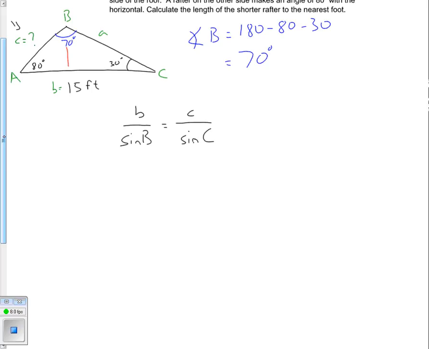So now we're going to substitute in values that we know. We know that B is 15 feet. The length of B is 15 feet. We know that angle B is 70 degrees. We don't know what the length of side C is, but we do know that the angle C is 30 degrees. So we've got sine 30. Okay.